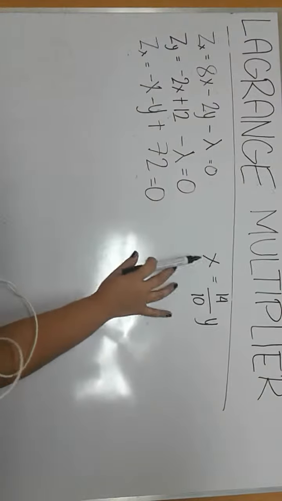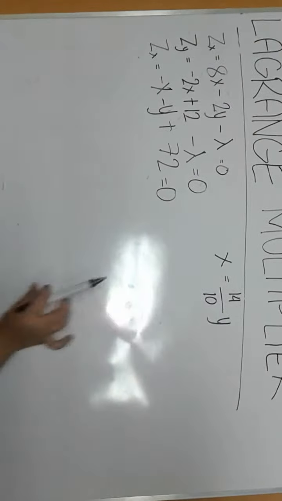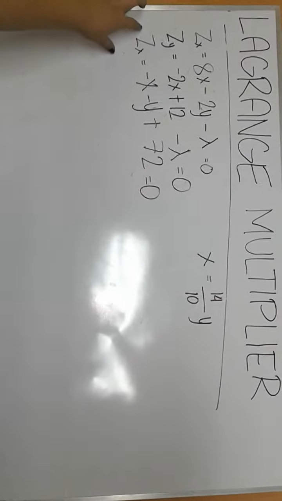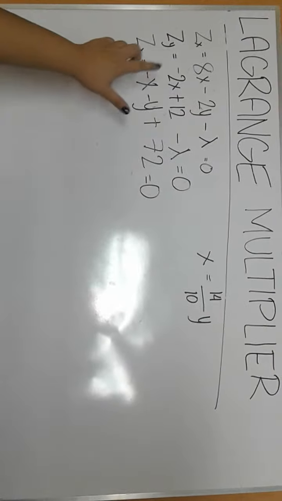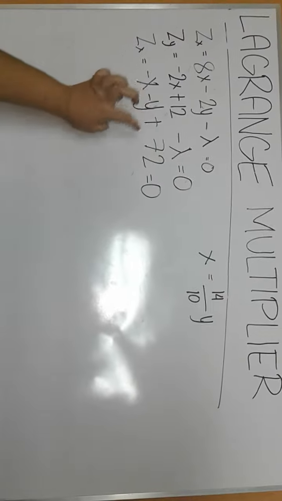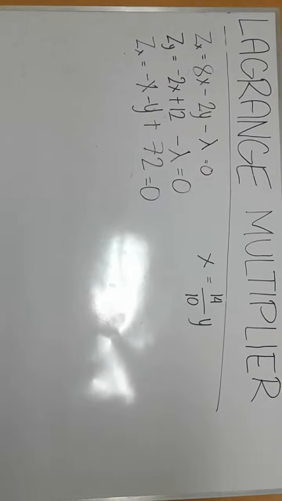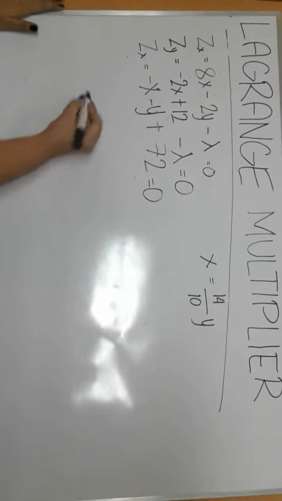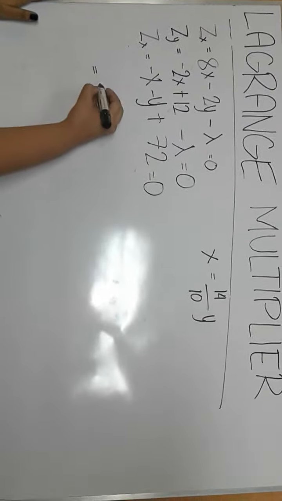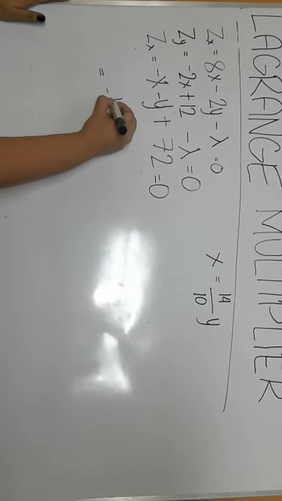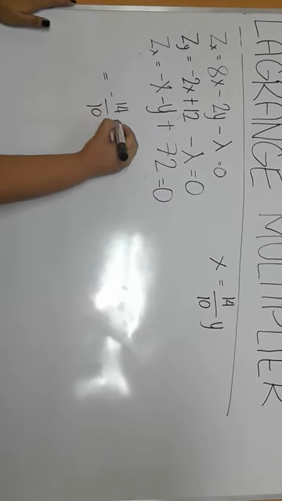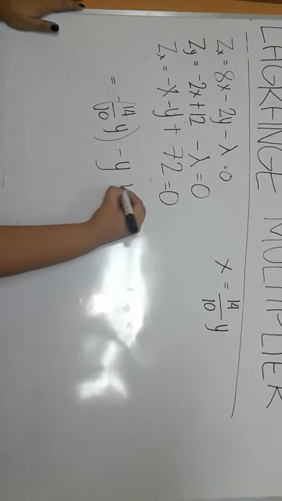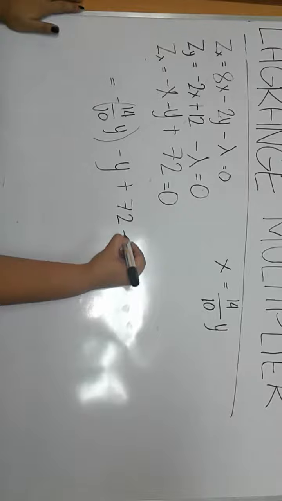Now that we have our x, 14 over 10y, we will substitute it to our third equation, which is z of lambda is equal to negative x, negative y, plus 72. That is, so we can get the value of y. So, negative 14 over 10y minus y plus 72 is equal to 0.